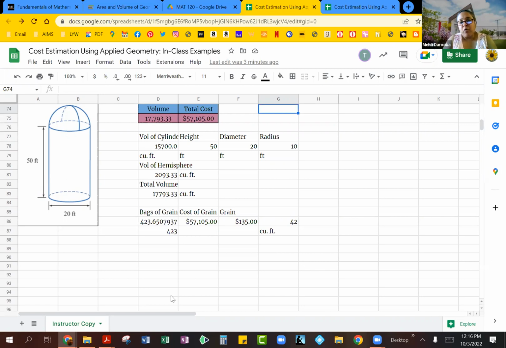So instead of the 423.65079, everything else, you're just doing 423. So when you take 423 and multiply it by 135, which is the price for each bag, right? It should give you 57,105.